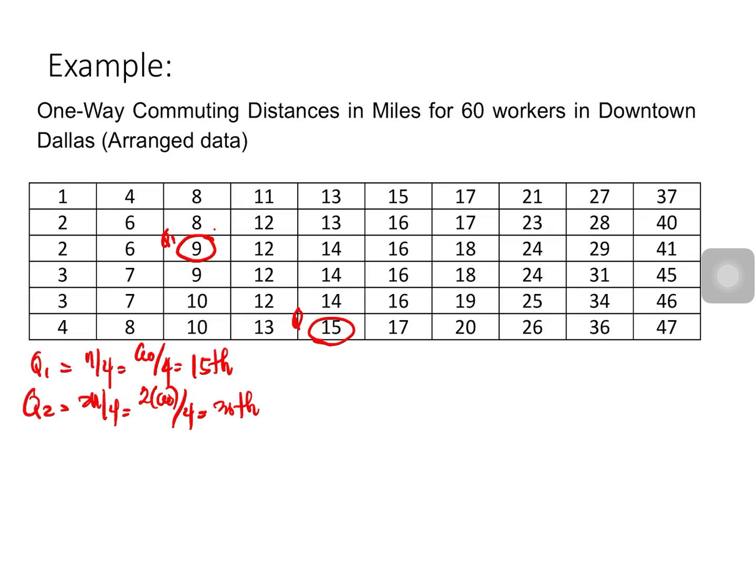This is Q2. Q3 is 3n over 4, and that is 3 times 60 divided by 4, we have there the 45th.